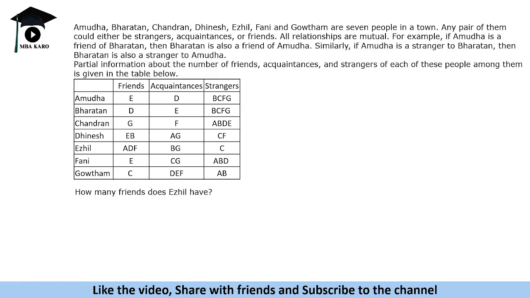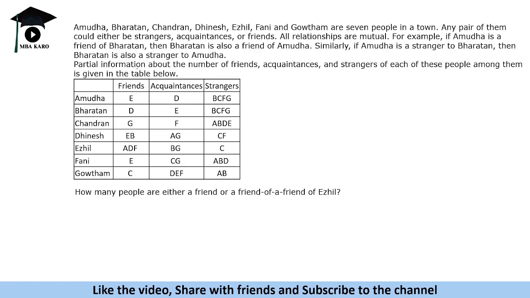How many friends does Azil have? Azil has three friends. How many people are either a friend or a friend of a friend of Azil? Okay, so we need to tell how many people are either direct friends or friend of a friend of Azil. So let's check that.